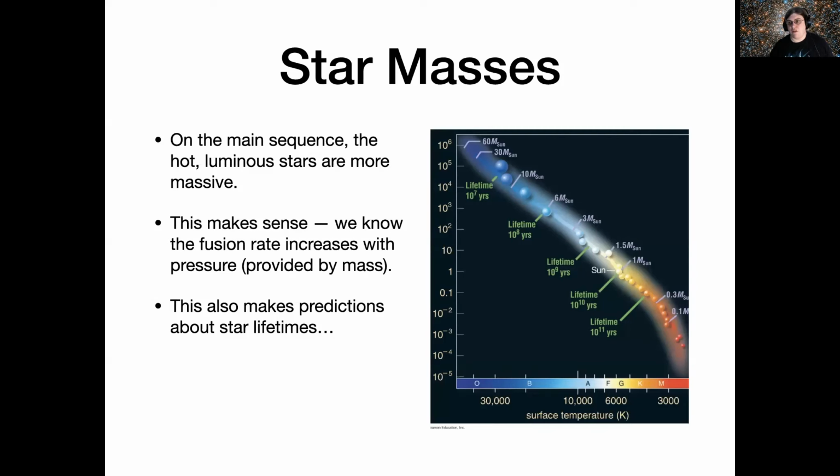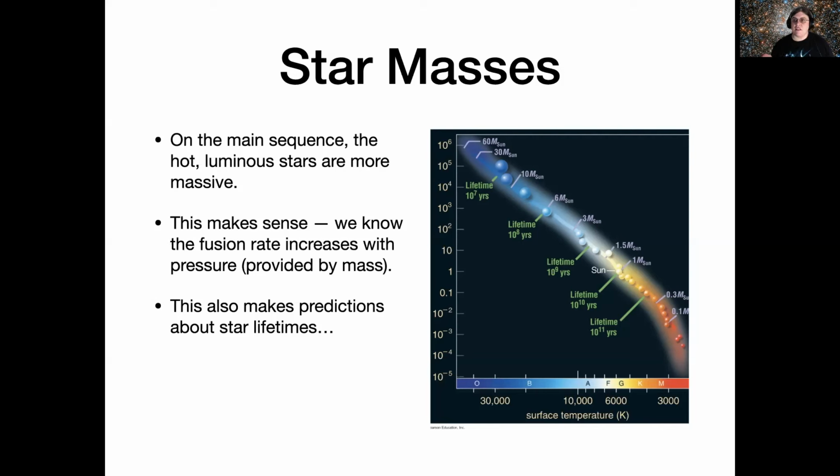On the main sequence, we notice a trend, which is that the cool stars are least massive and the hot stars are the most massive. So the main sequence is sorting by mass. All these stars are turning hydrogen to helium, but the reason they're not all at one spot is because they all have different masses. This makes sense to us.